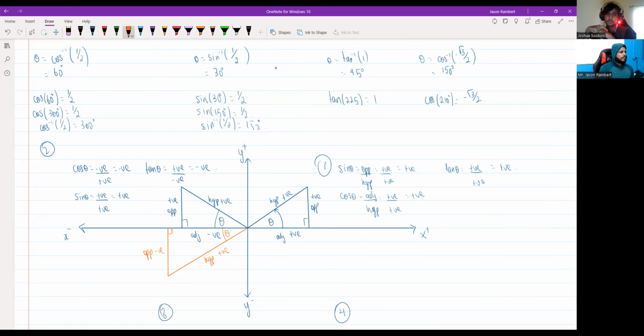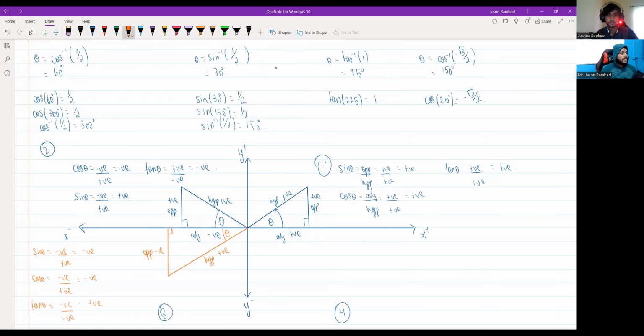Again, sine theta is equal to opposite over hypotenuse, which will give me a negative number. Cosine of theta is equal to adjacent over hypotenuse, which is going to give me a negative number. And tan theta is opposite over adjacent, which is going to give a positive value.